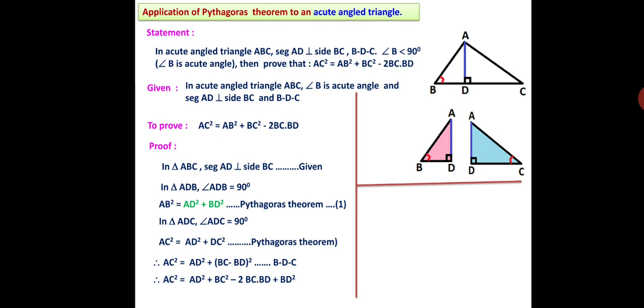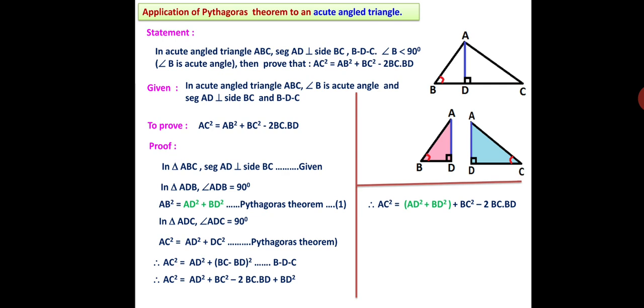We will expand this bracket by using the identity (A minus B) whole square is A square minus 2AB plus B square. Like that, the next step will be AC square is equal to AD square plus BC square minus 2BC into BD plus BD square. We will rearrange the terms and the next step will be AC square is equal to (AD square plus BD square) plus BC square minus 2BC into BD.